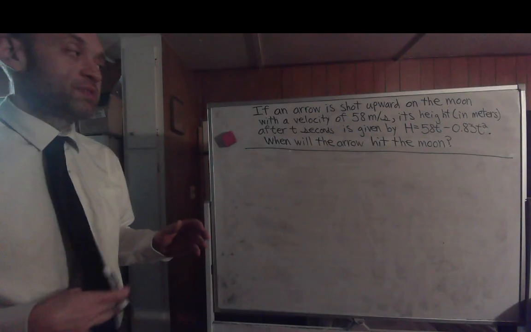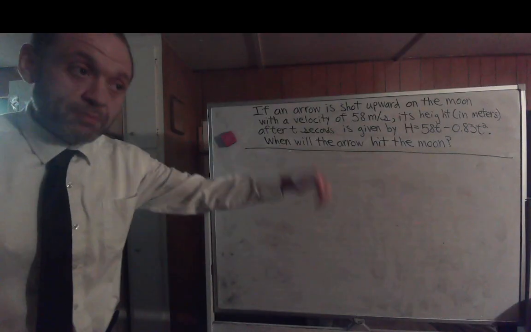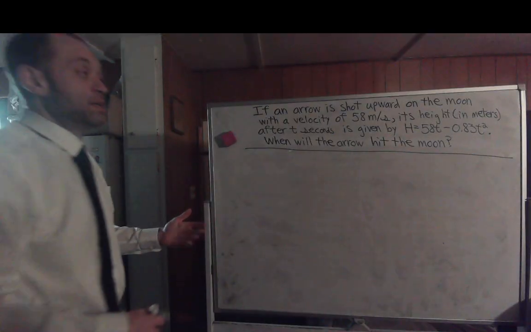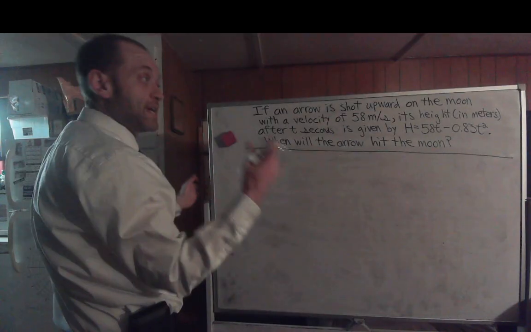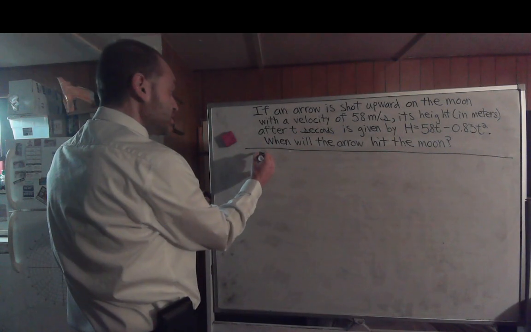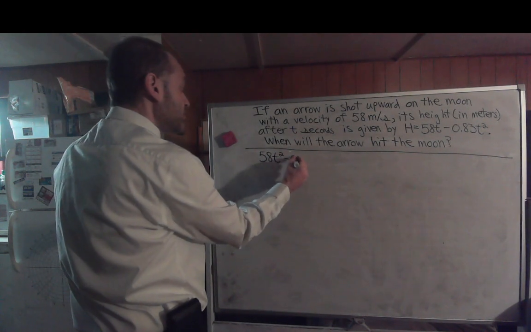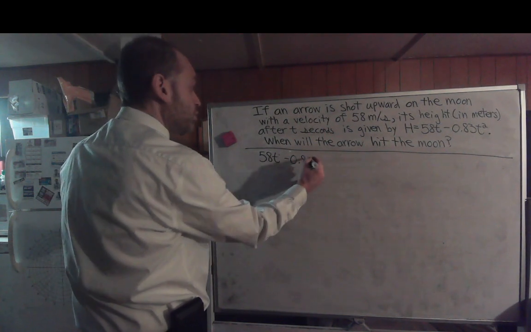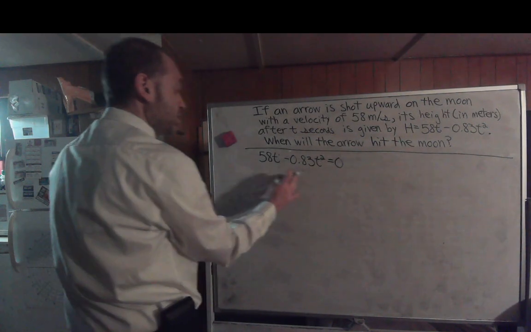If we think about that, that's a height of 0, right? It was in the air and it finally came back down to the surface of the moon. That means the height is 0. So we need to take this height function, set it equal to 0 so we can get that time. So we'll take 58t minus 0.83t squared, set that equal to 0.